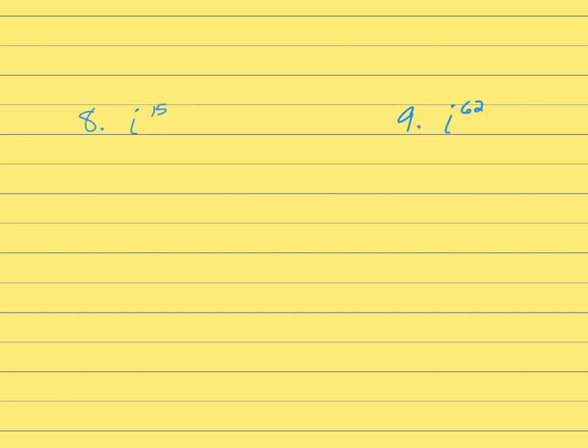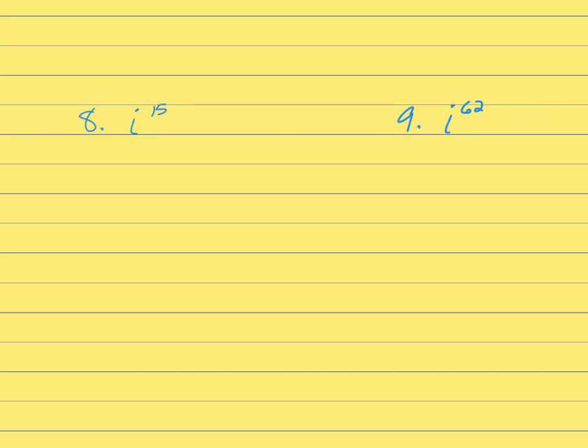Now, you could write 15 down. That wouldn't be too terribly bad, but look at number 9. You're writing down 62 of them. Well, that would be horrible. So what I would suggest is let's find a different way. There are different strategies on how to do this. You could try to figure out where you are in the pattern of 4. I know that if I had i to the 16th, then that would complete my pattern of 4.